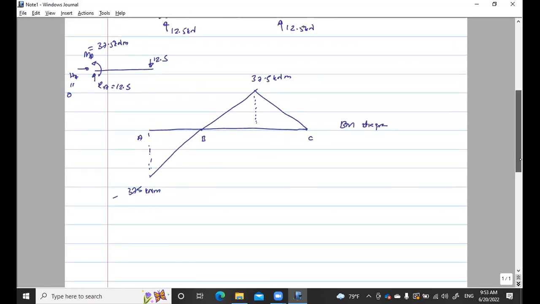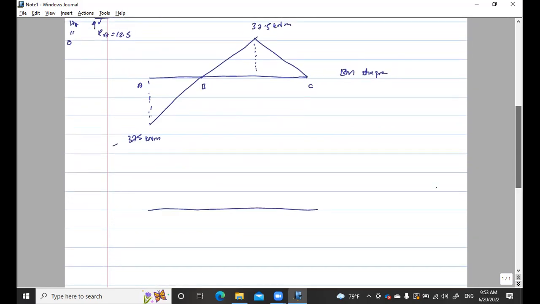Now the M over EI diagram is going to be the same shape.